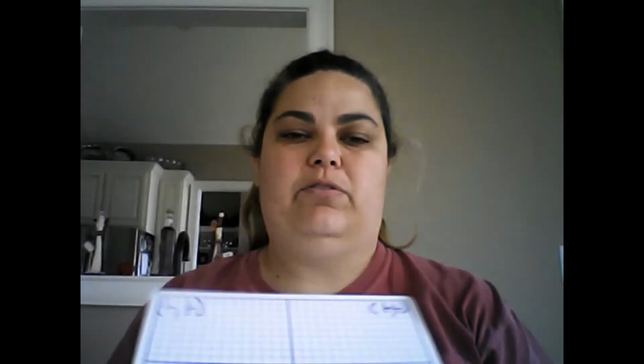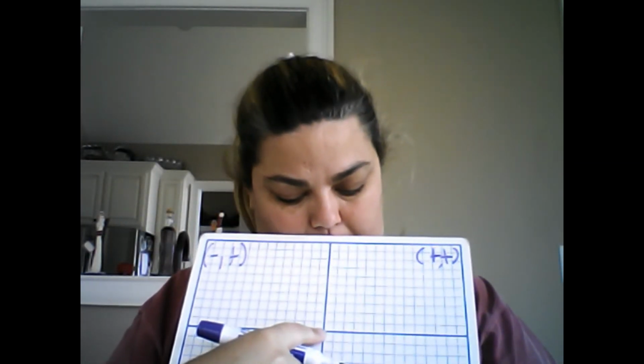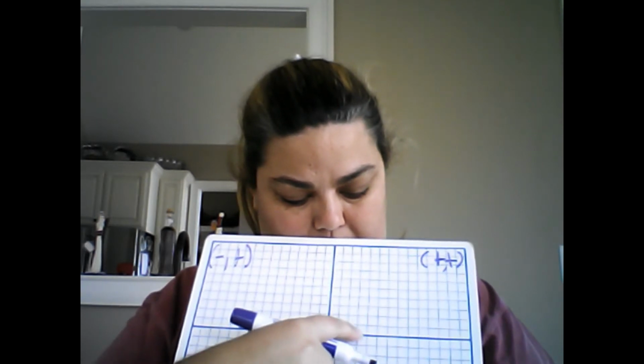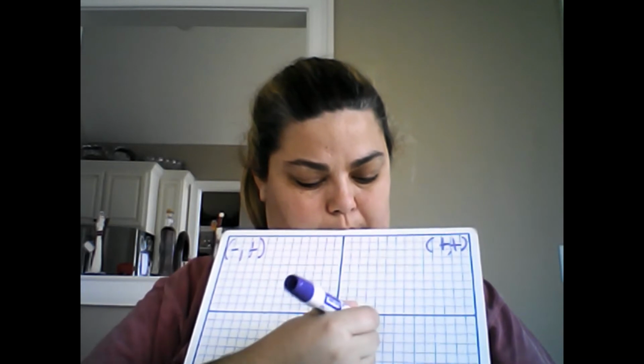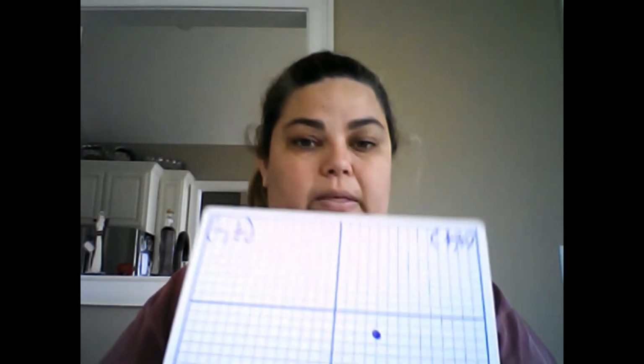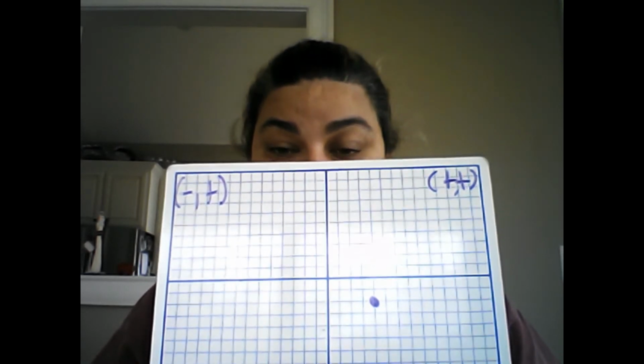Let's say I had the ordered pair 4, negative 2. Okay. 4, negative 2. I'm going to start at the origin, and I'm going to go to the right 1, 2, 3, 4, and then down 1, 2, and put a point right there. Okay. That's 4, negative 2.